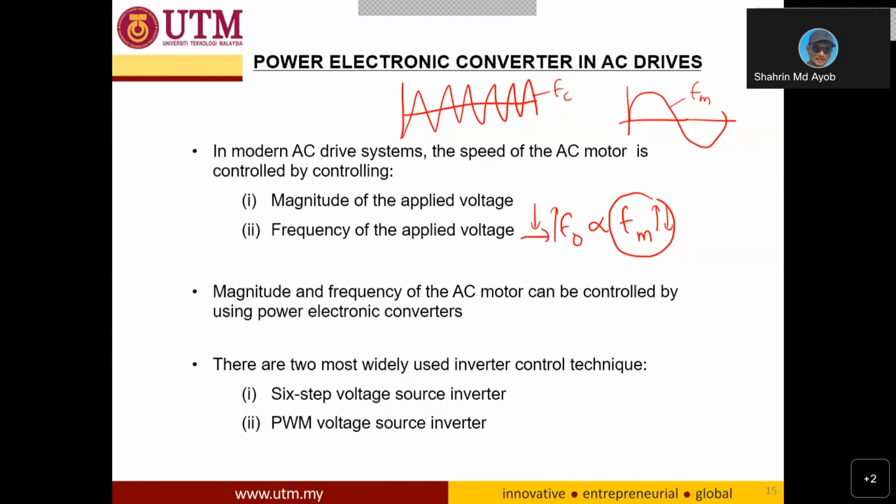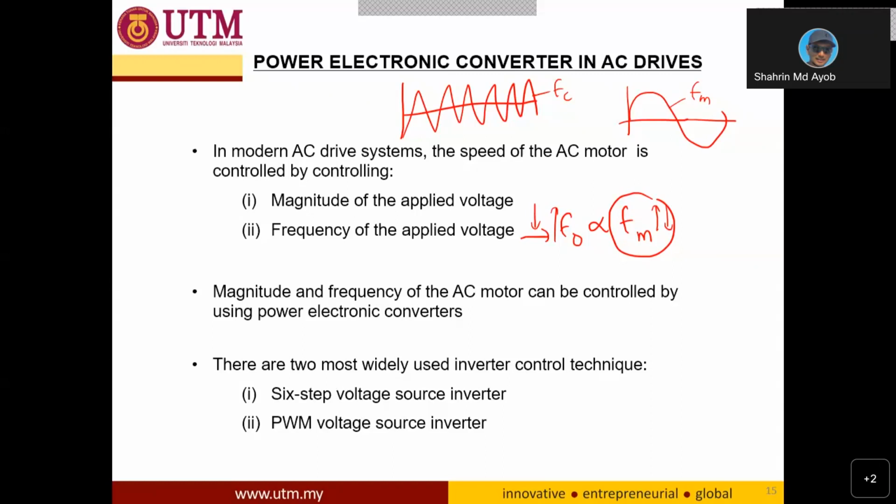Because DC motor senang. They change the speed by controlling the voltage. Senang je, kan? There is no problem. Induction motor, the problem is to change the speed, you need to change the frequency supply. How come? It's impossible at that time.